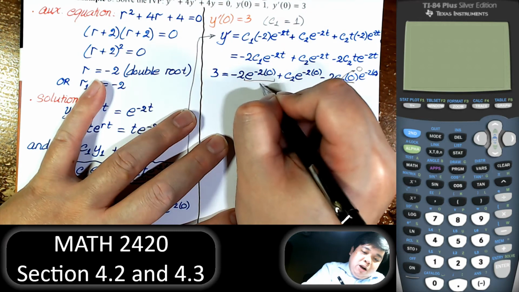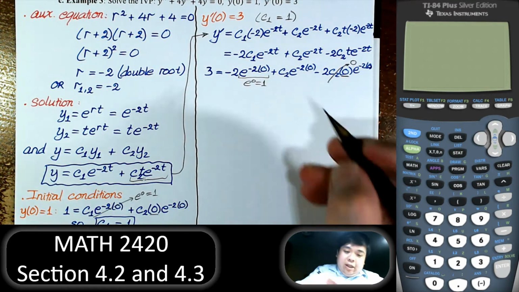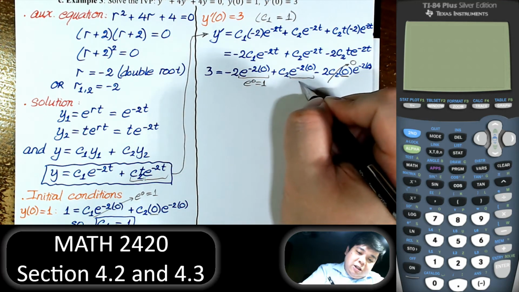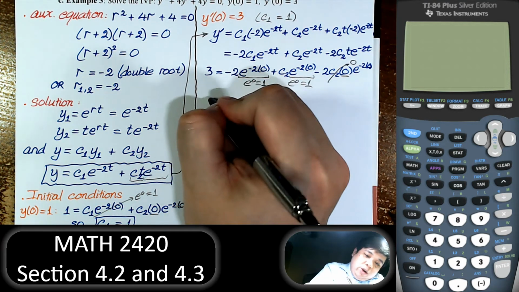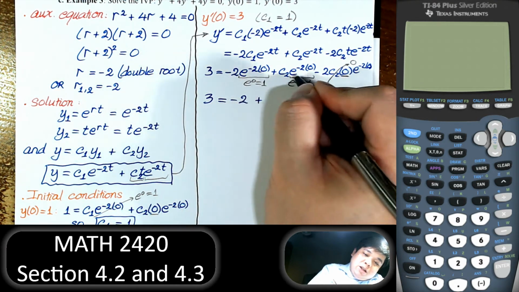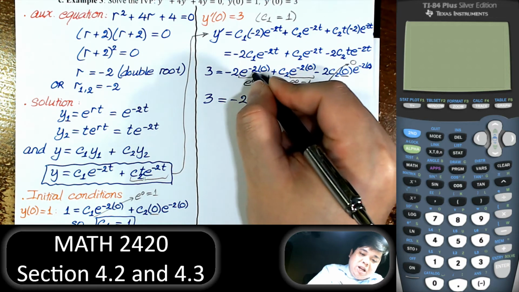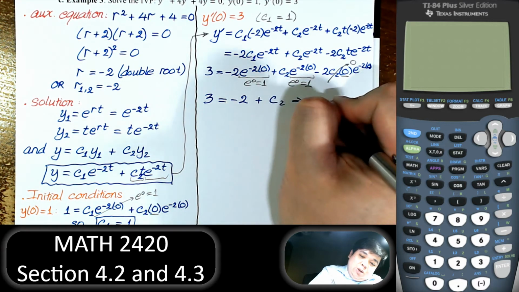E to the 0 power is 1, e to the 0 power is 1. So we have 3 equal to negative 2 plus C2, because that's just 1 and 1, and that's 0. So of course here C2 is equal to 5.